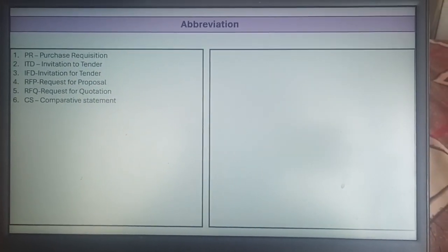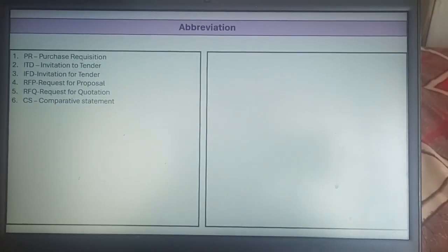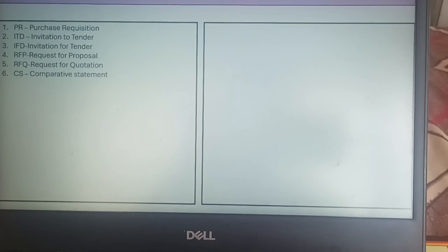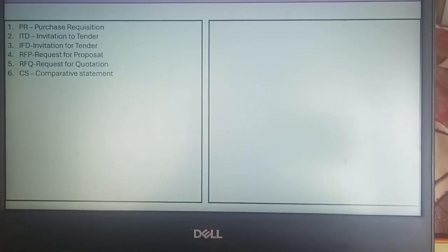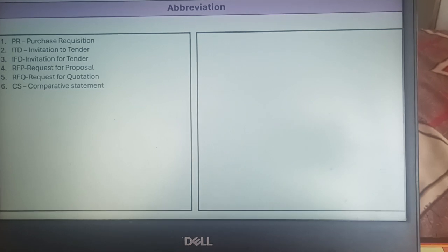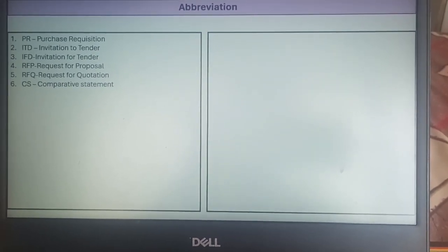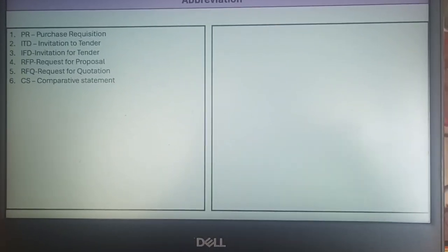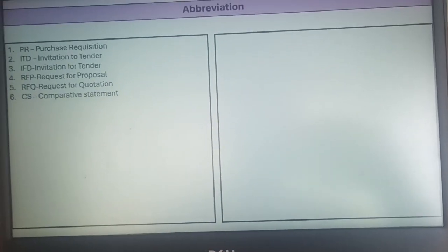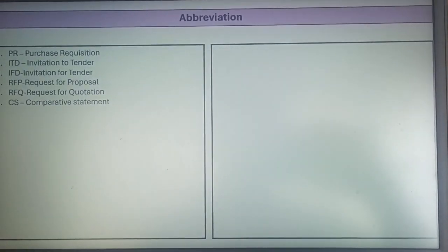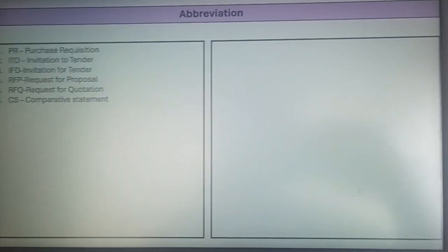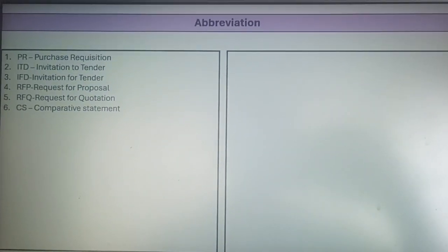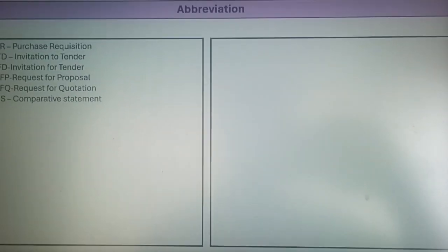CS, then comparative statement. It is the most crucial point of the procurement department. In it you have to compare the commercial price as well as the technical acknowledgement, so higher management can understand whether this vendor is technically approved or not, and whether this vendor is ready for the commercial terms and conditions or not.